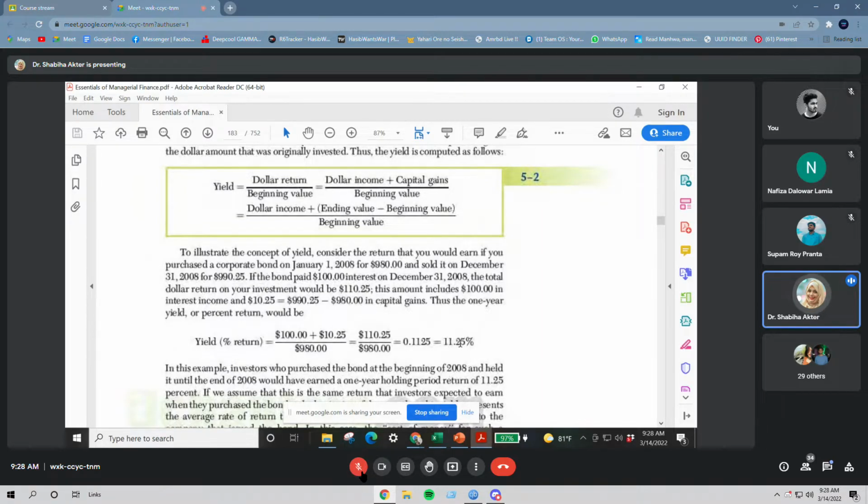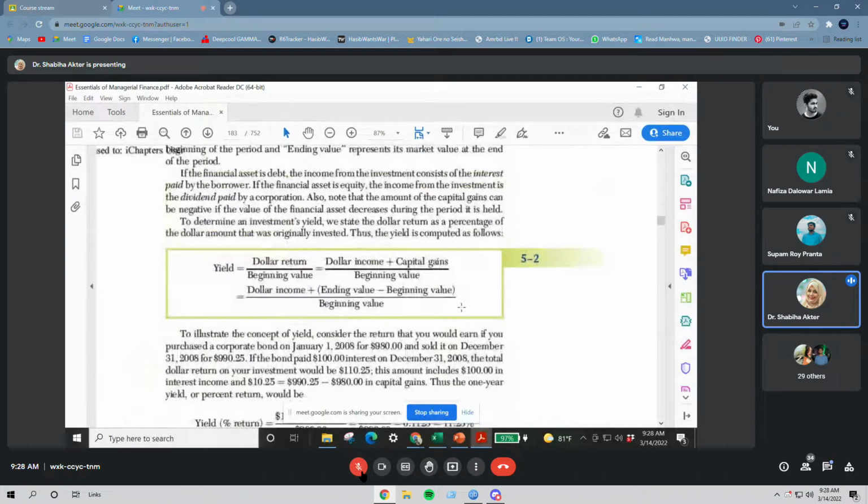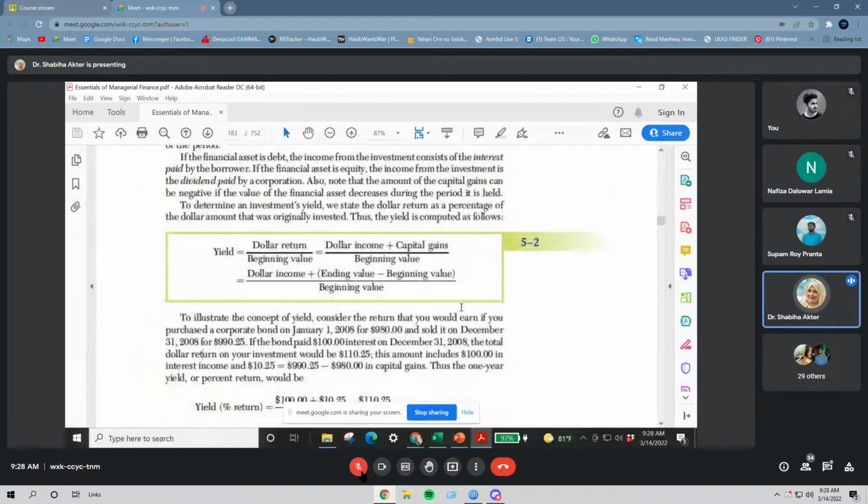So after calculation, you can find the yield is 11.25%. That is the return. The yield is 11.25%. Now could you please write down, if you have some page or maybe a watch file, an example, then calculate it and share the answer with me?